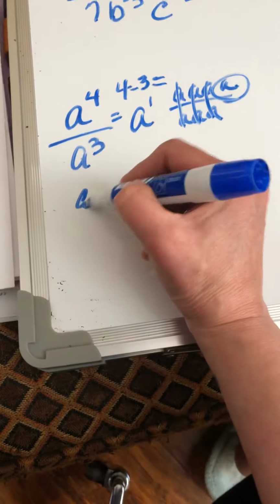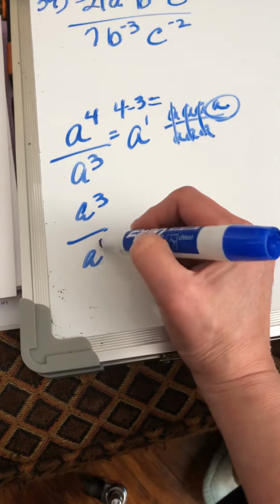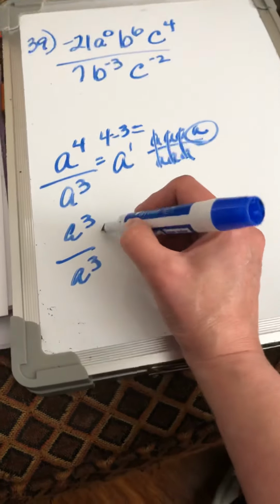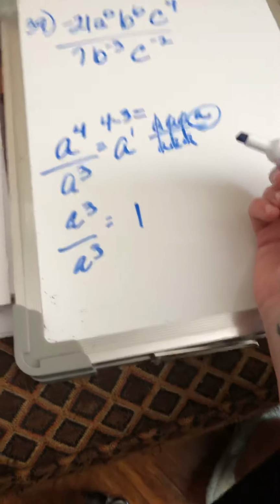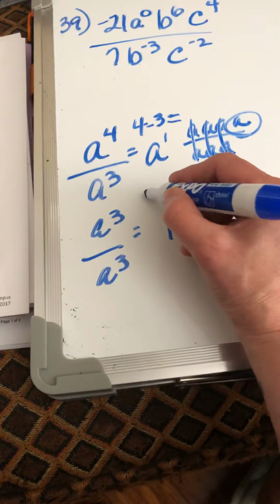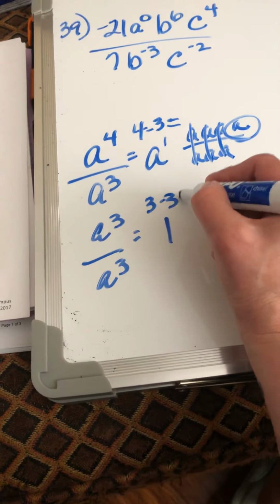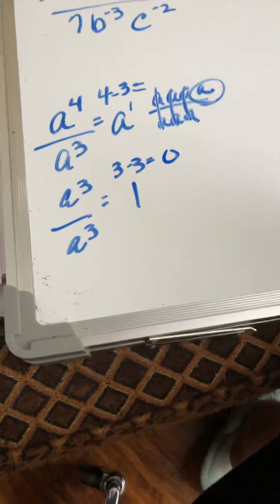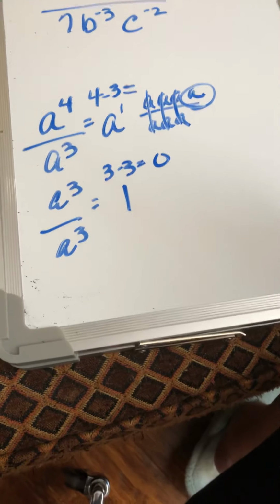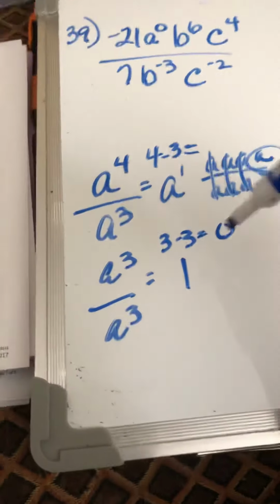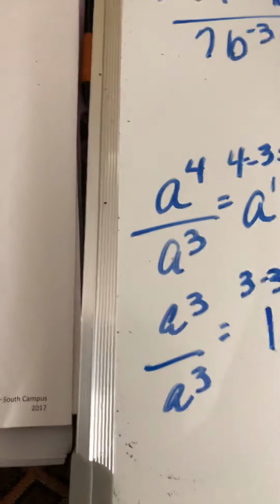Well, what if we had a to the 3rd power over a to the 3rd power? Isn't anything divided by itself a 1, right? And if I do that same subtracting idea, 3 minus 3 is 0. So anything to the 0 power is a 1.